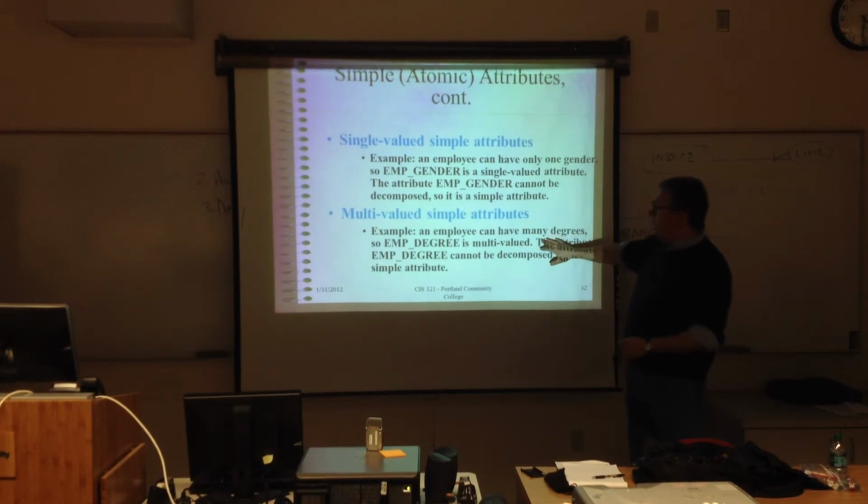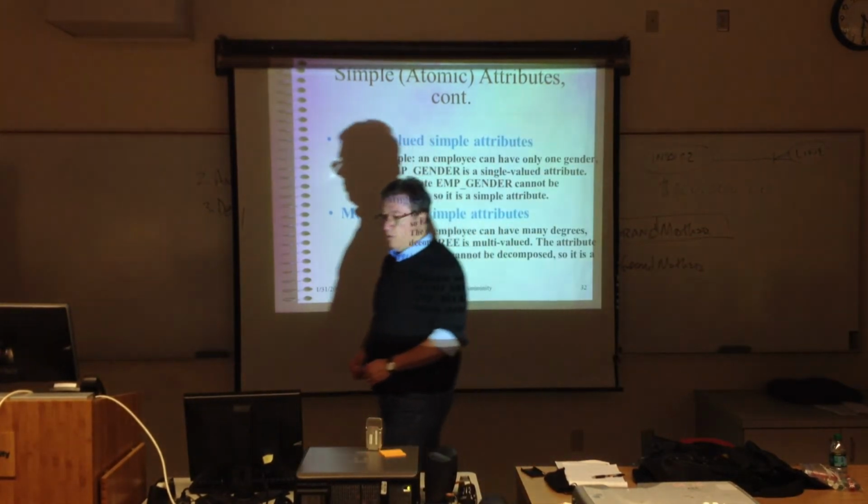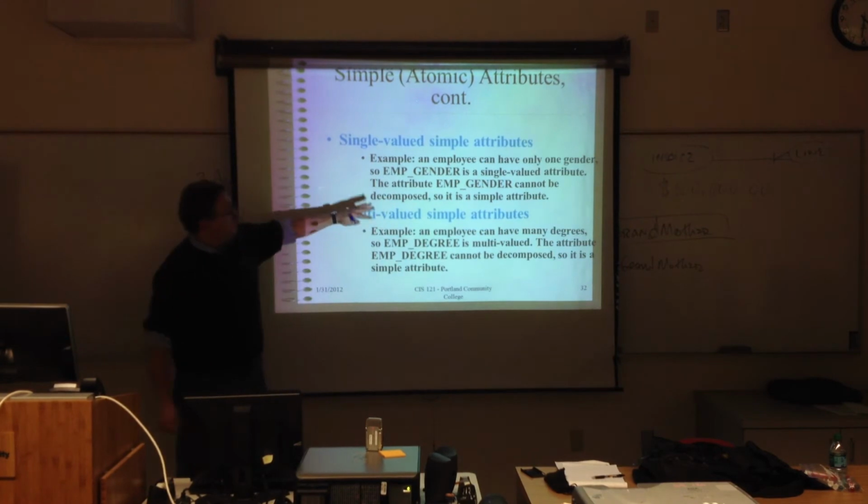Now, in contrast, some people are such overachievers that they have more than one degree. I have a brother who has four of them. Drives me nuts. So I've got to track all of those different degrees for that employee. So in one case, my attribute, the gender, has a single value at a time.